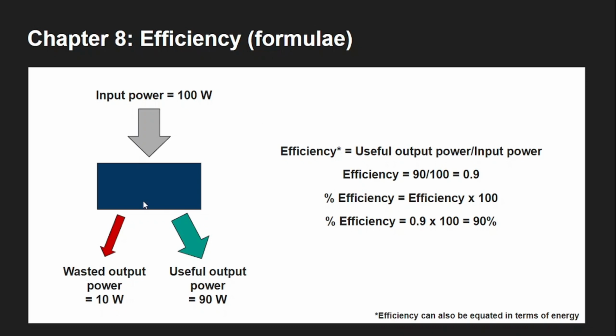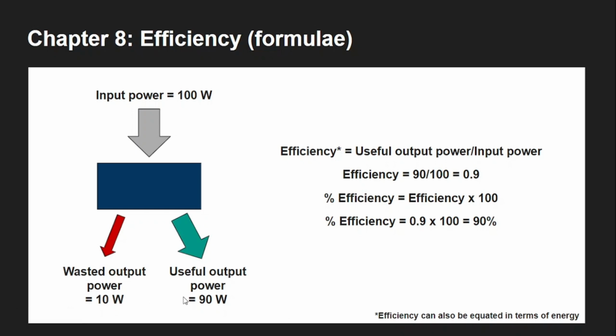In this particular scenario, what we have is an input power, instead of input energy. We've got an input power of 100 watts and a wasted output of 10 watts. If you think of this as mains electricity, you're giving 100 watts of mains electricity to, say, a heater, and the heater is crackling a bit, it's got a bit of sound, so there's 10 watts that's wasted. Maybe it's got a light coil which shows that it's on, so that's a bit of energy wasted.